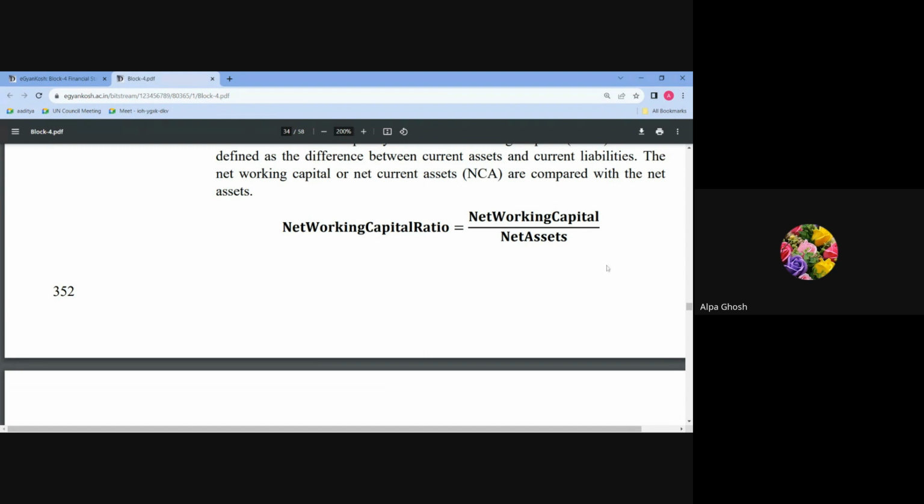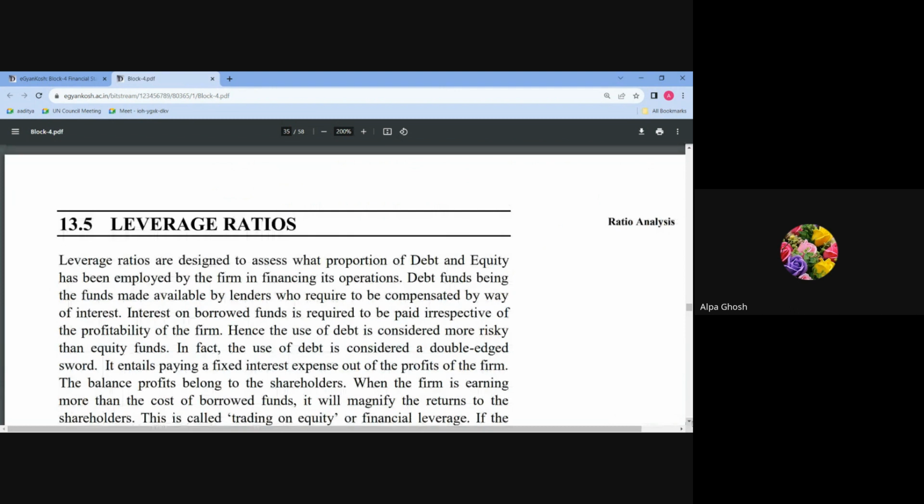Here they have missed the information, but we know what it is. It is the difference between, you can see which I am highlighting, it is the difference between current assets and current liabilities. When you get current assets and current liabilities, it is your net working capital. And this current assets minus current liabilities has to be divided by net assets. Am I clear? Tell me just if you have any doubt till this.